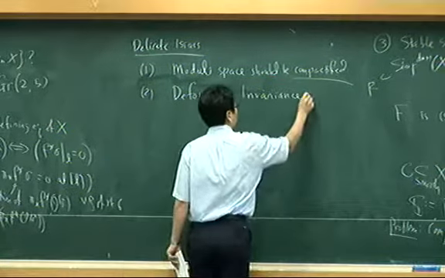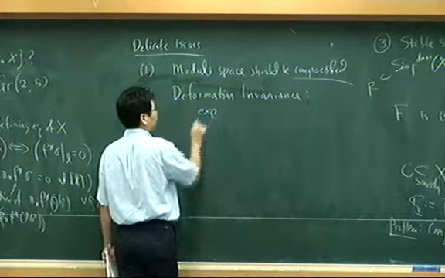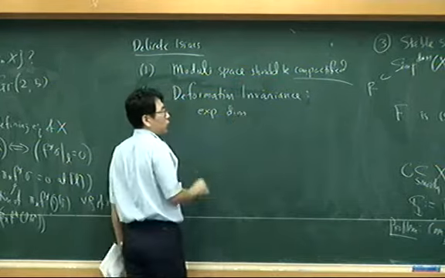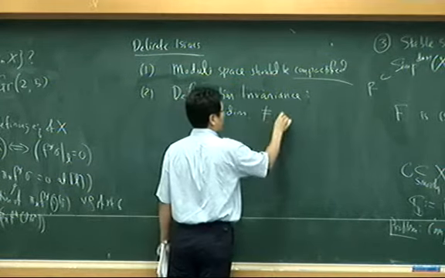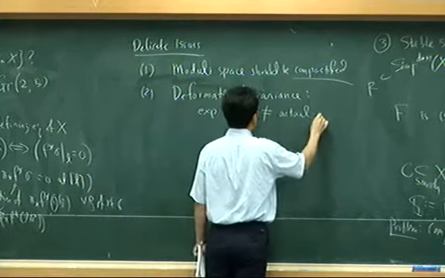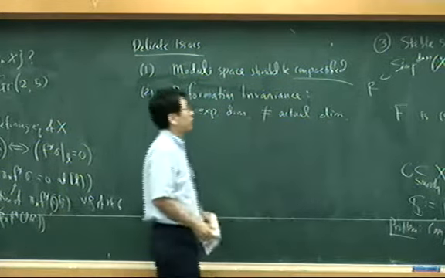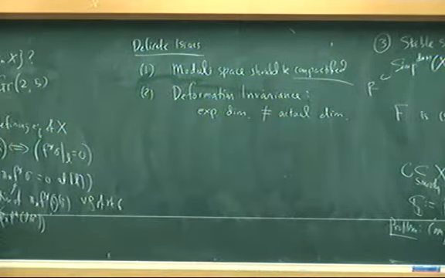Furthermore, there are expected dimensions for moduli spaces. Usually they are different from the actual dimension of the moduli spaces. So these two issues should be handled in order to define nice curve counting invariants.